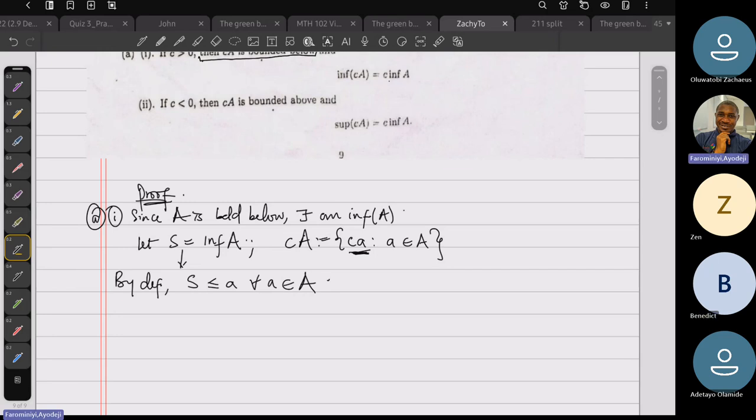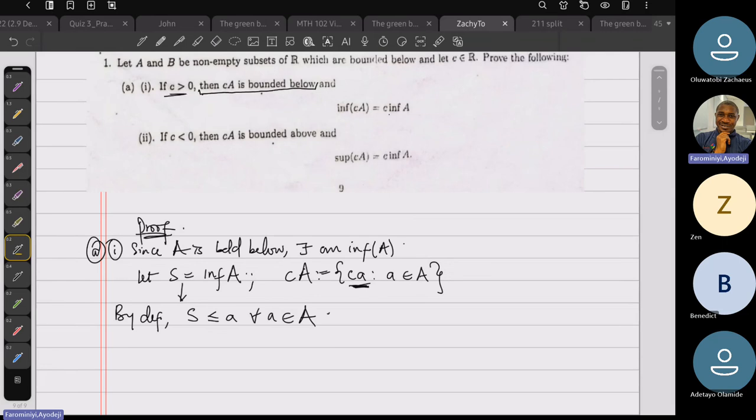And because we want CA, we can multiply both sides by C. But don't forget that C is greater than 0.